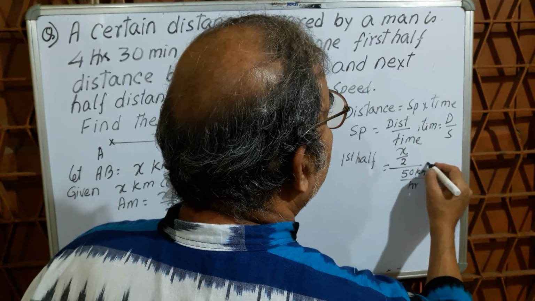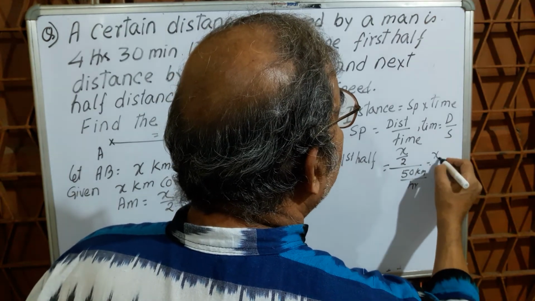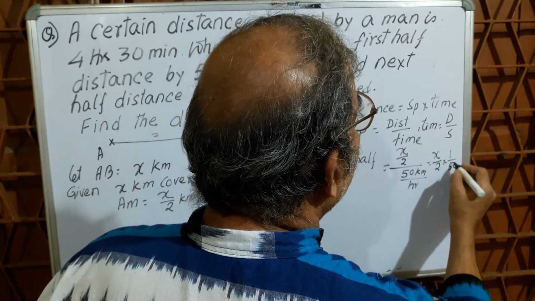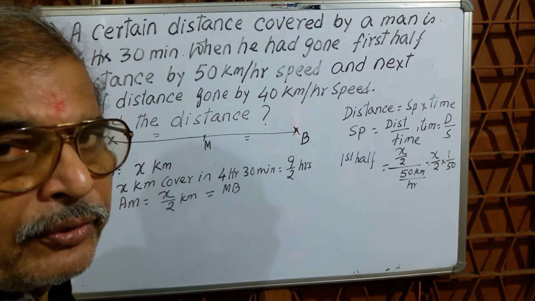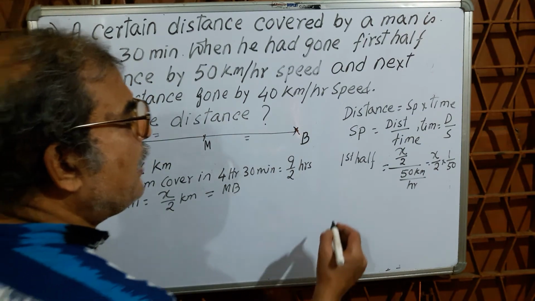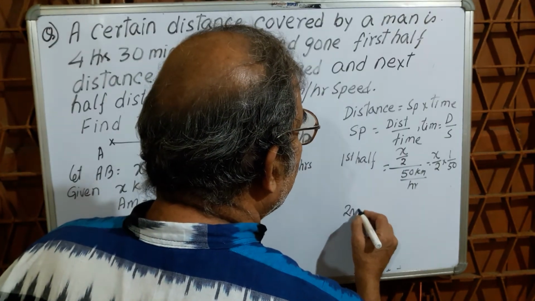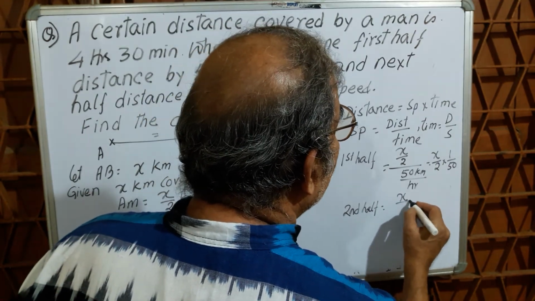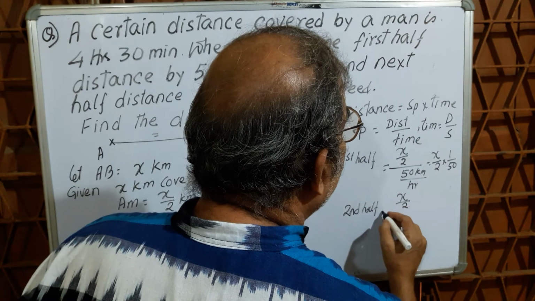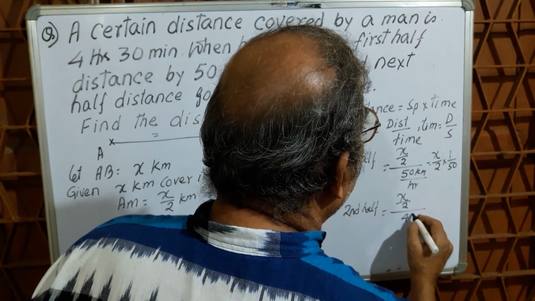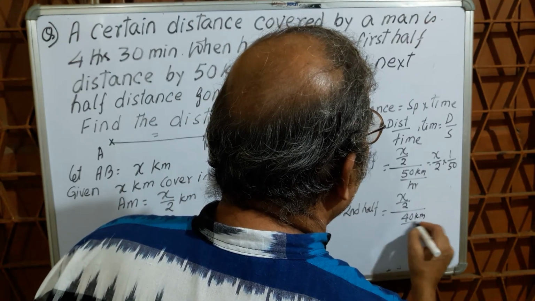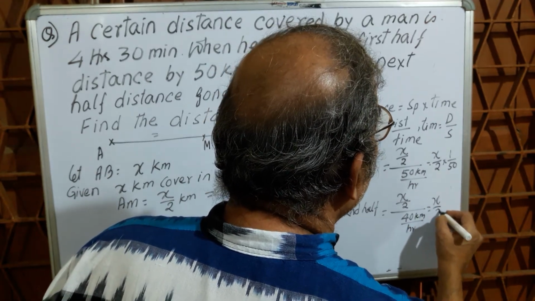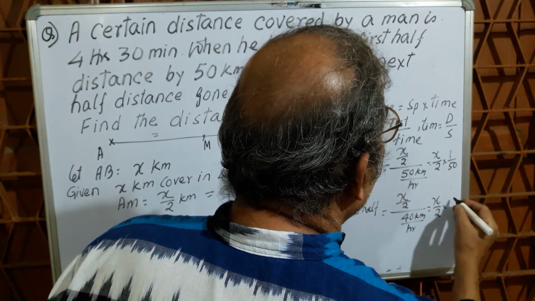See what is coming? It is simply x by 2 into 1 by 50. And the next half, that is the second half, is also x by 2 divided by 40 kilometer per hour, equal to x by 2 into 1 by 40.